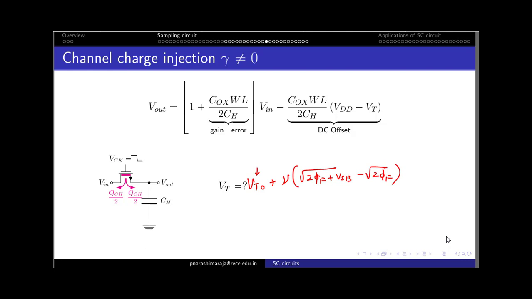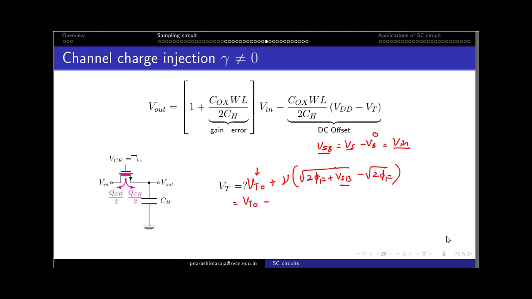Now when we look clearly at the potential Vsb, one can rewrite this Vsb as Vs minus Vb. As I said before, the body of an NMOS is generally connected to the ground, so this term goes to 0. But what is connected to my Vs during the transition from the sampling phase to the hold phase? It would be equal to Vn. So effectively the Vsb term is related to the value of Vn here.